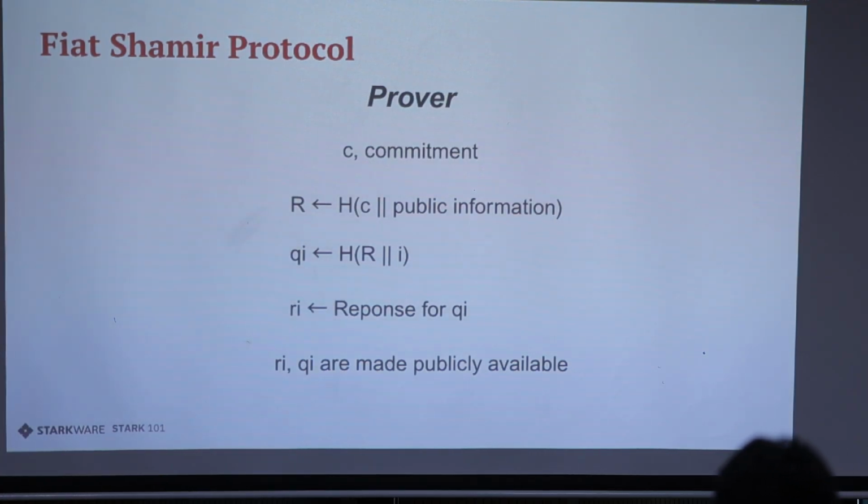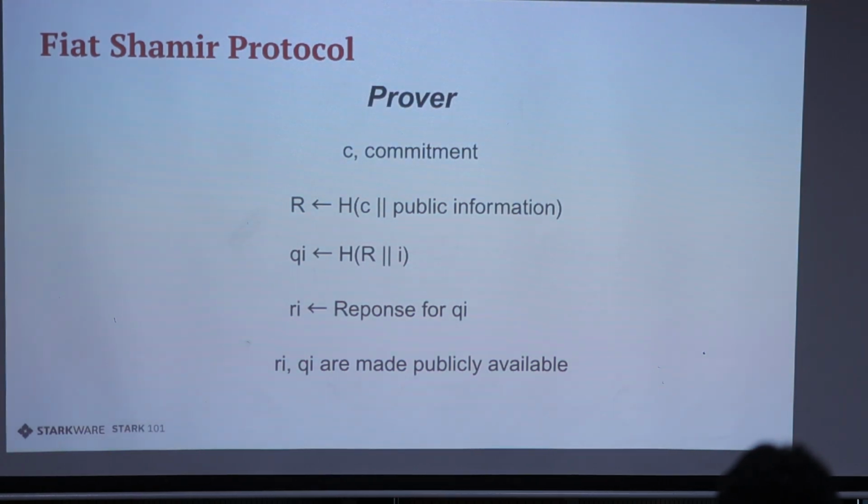Then query Qi would just be the hash of R appended with i. And then Ri is just the response to Qi. And the Ri, Qi pairs are made publicly available with the commitment. i is the index, so you have some Q1 to Qn queries.